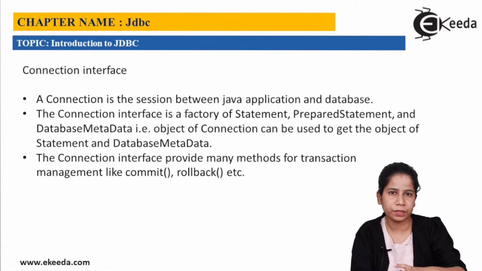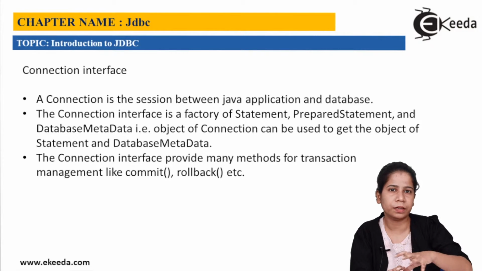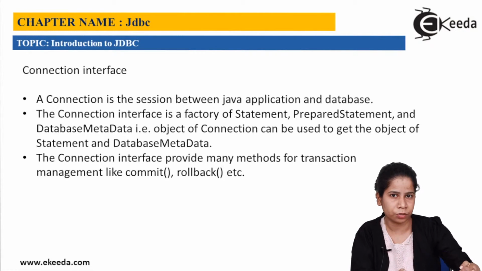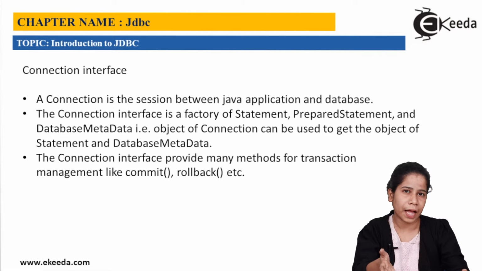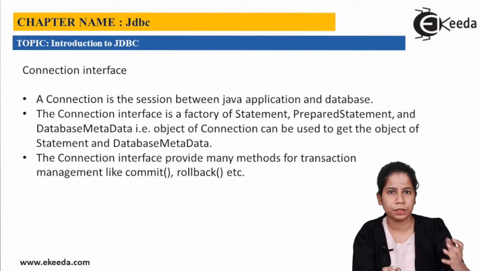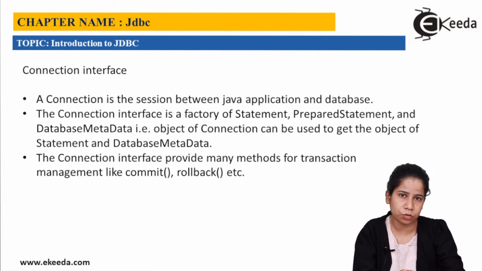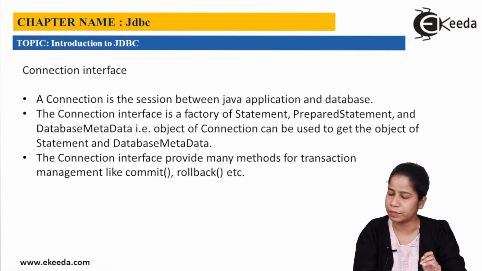It is a kind of object which is linking your Java application with your database. Basically, if the connection goes off, you cannot interact. So the first thing is that your connection has to be always open if you want to interact with the databases.